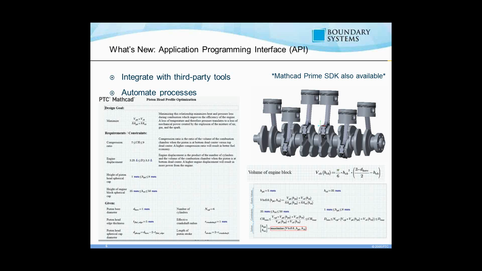If you're familiar with a particular programming language, you can see examples in that language. That SDK is available from PTC, and I think it costs about $9,000 per company. So it's one fee, and the whole company will have access to it.